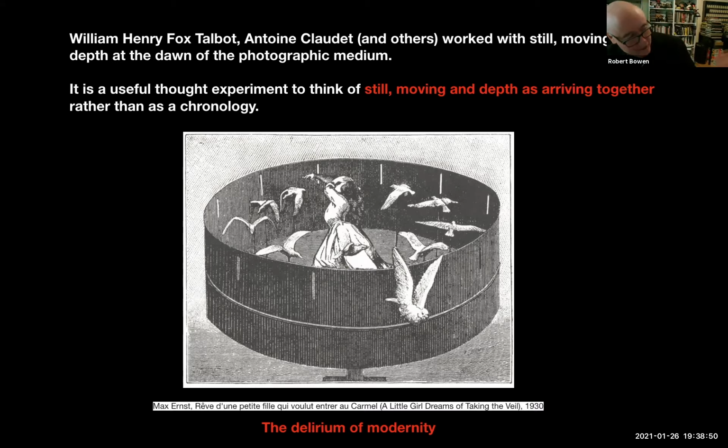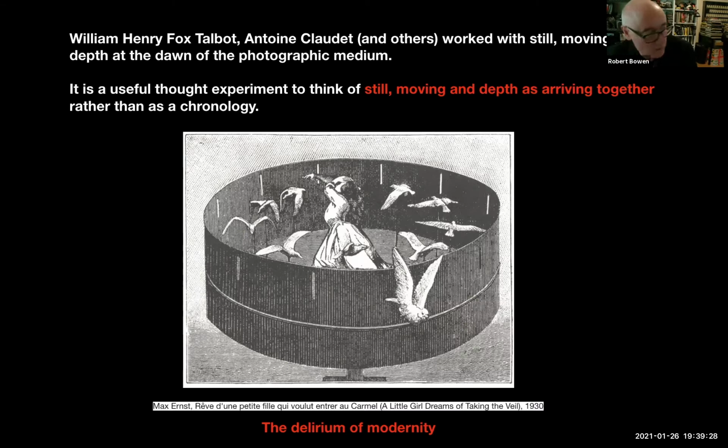And the image that you're looking at is a photo montage by Max Ernst, part of one of his collage novels, Little Girl Dreams of Taking the Veil. But part of the source material comes from a scientific journal describing the work of Etienne Jules Marais, who much later, along with Muybridge, are credited as the people who sort of move photography into cinema.